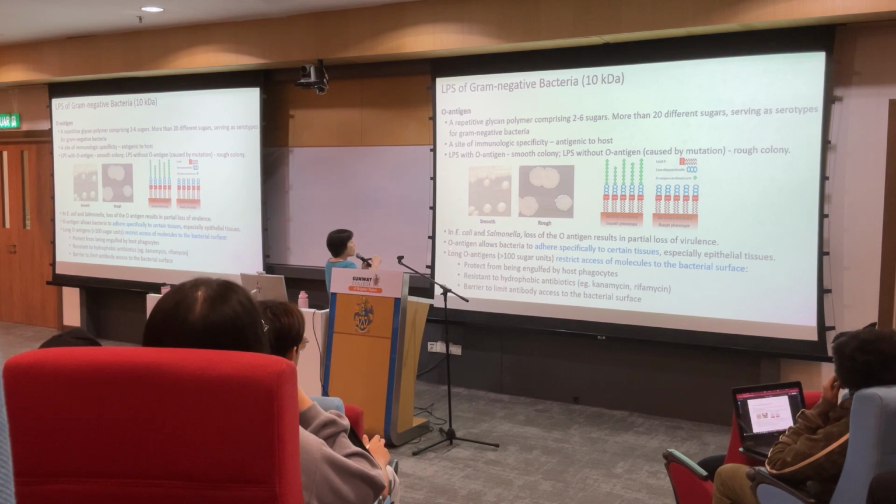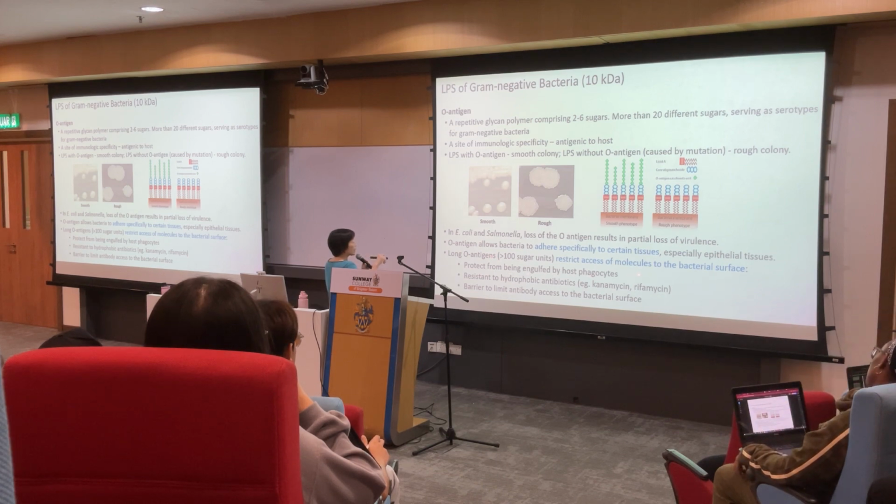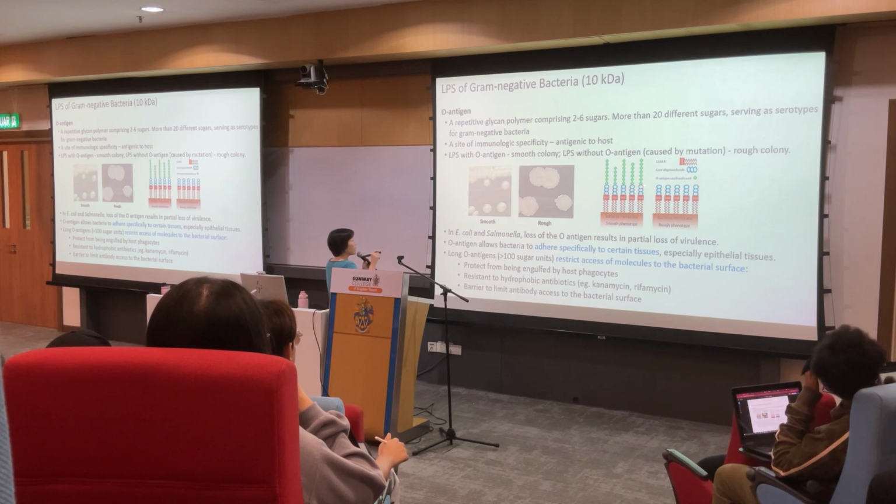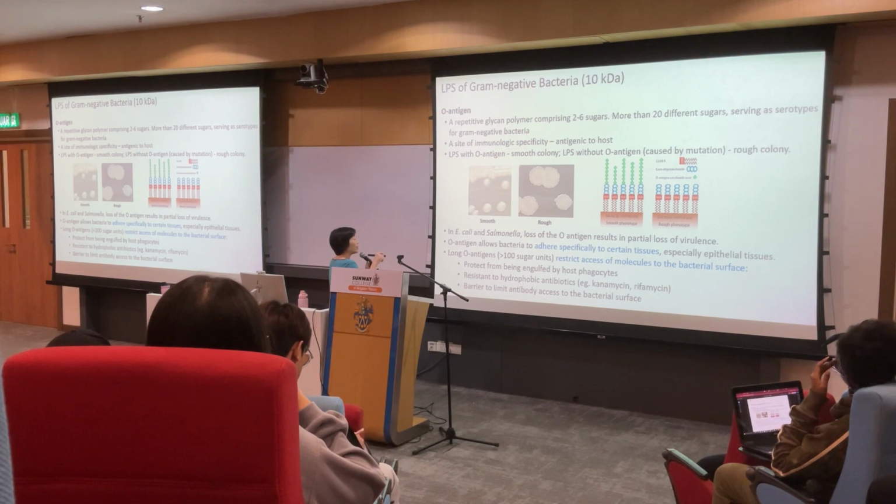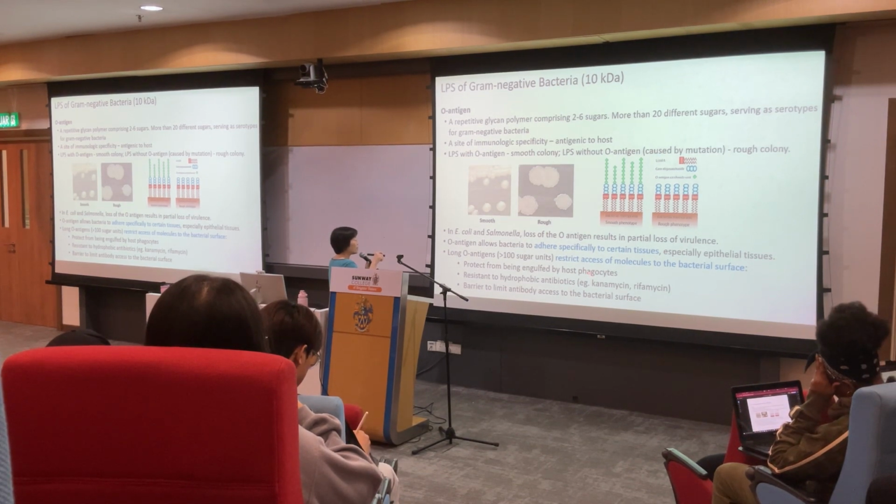Some of the other functions of the very long O antigens include protection from being engulfed by the host cell phagocytes. What does that mean? In the presence of this, the bacteria are not easily recognized by the phagocyte. In humans, phagocytes refer to macrophages and dendritic cells, which can engulf bacteria.